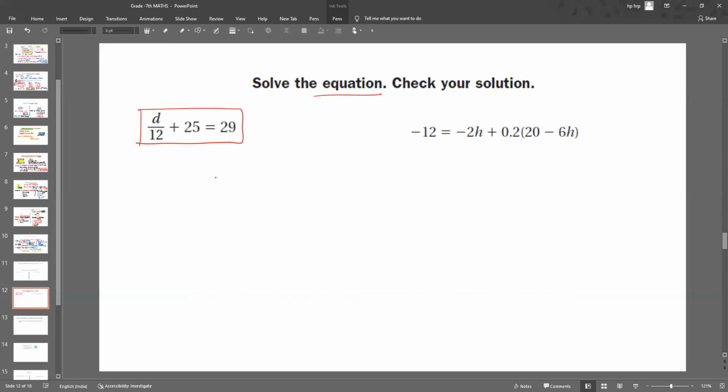25, 29. You write subtract 25 from both sides, then d over 12 equals 4.